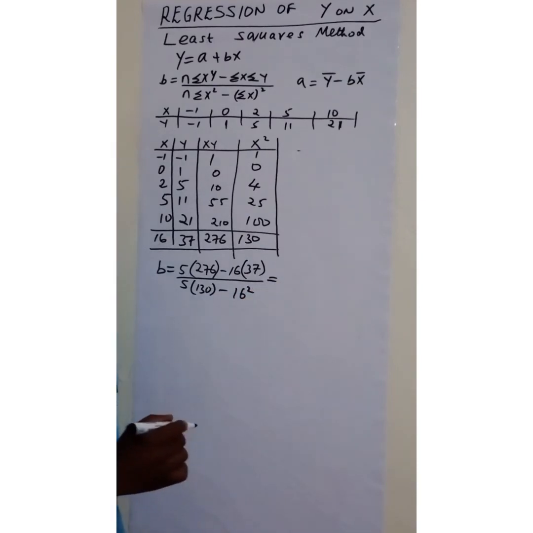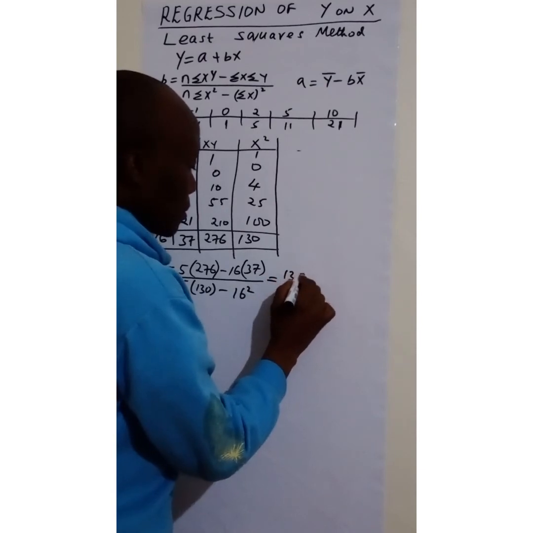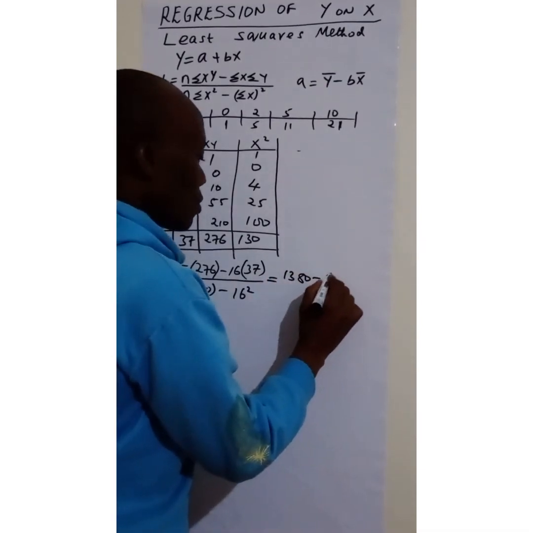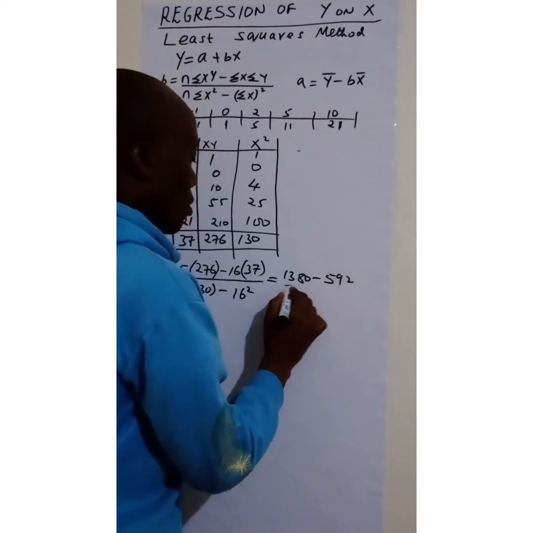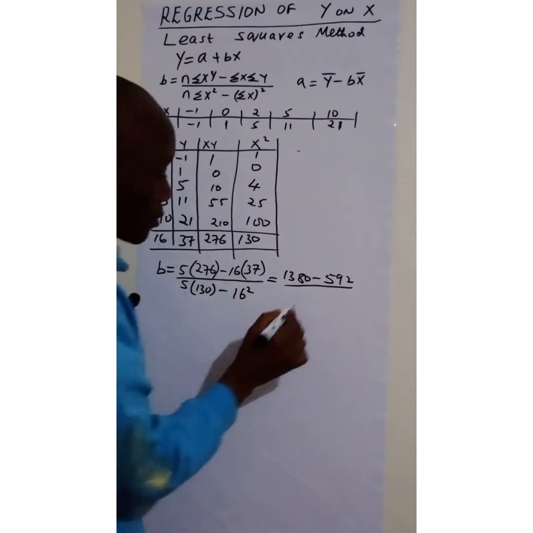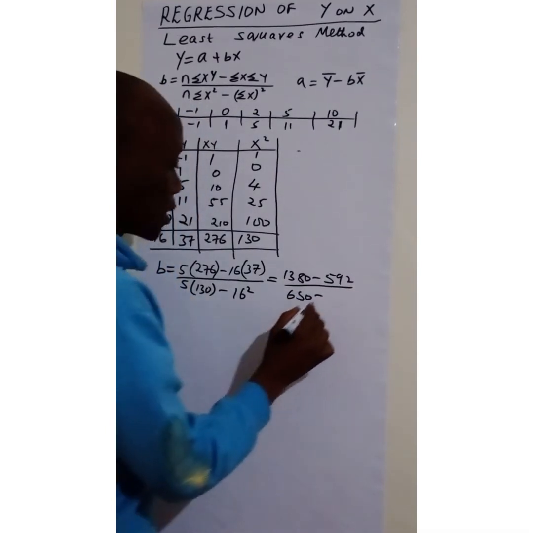If you work this out correctly, you'll get 1380 minus 592, all over 650 minus 256.